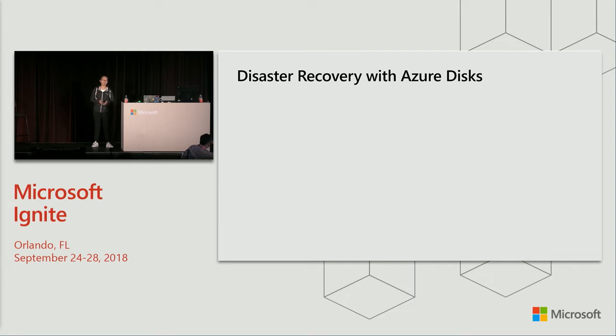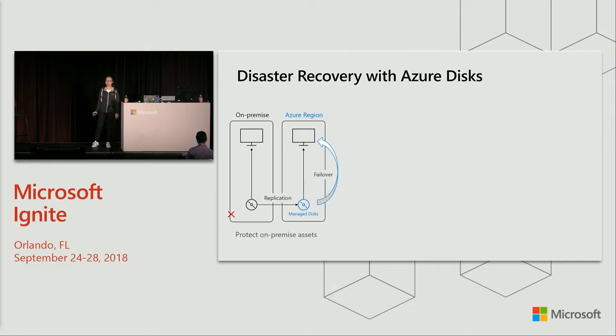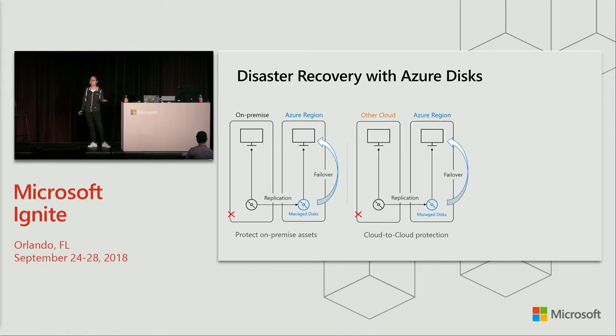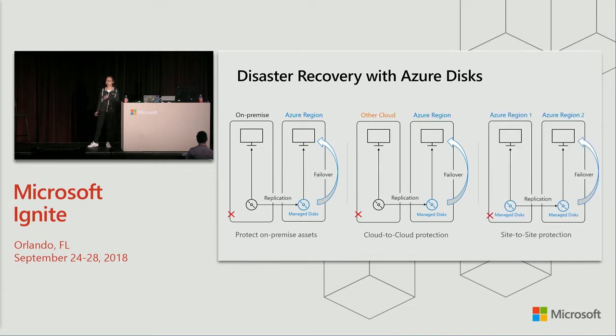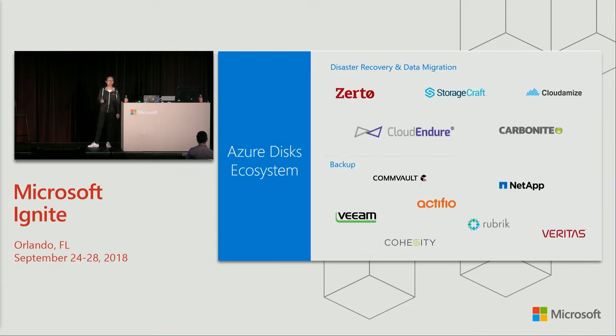We work closely with a lot of partners and also invest in our native support, Azure Site Recovery, to provide you coverage of the different DR scenarios, starting from on-premises to Azure, other clouds to Azure, and also between Azure regions, from site to site. We partner with a wide range of different backup and DR ISVs.